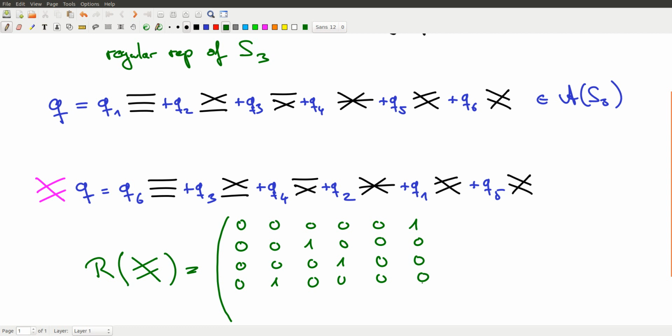In the 6th position we got the 1st, 1, a bunch of zeros. And in the last position we got the 5th coefficient, 0, 0, 0, 0, 1, 0. Okay, so this is one representation matrix for an element of S3 in this regular representation.